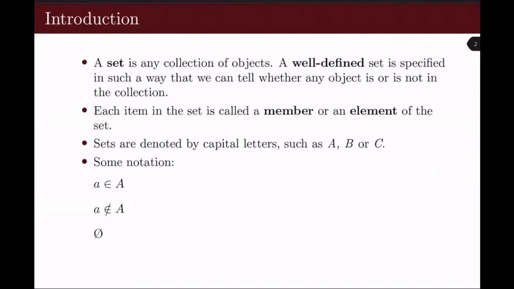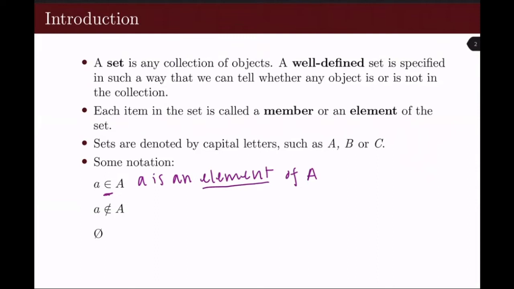And then some notation that we'll be using. The first one, you read it as a is an element of A. So this little kind of E-looking guy means element.